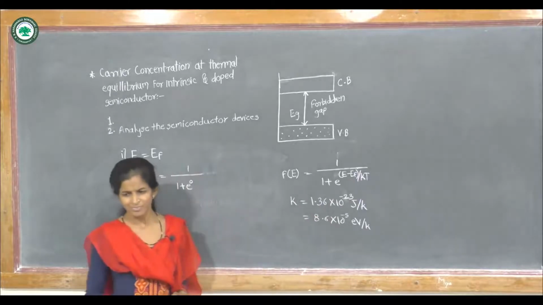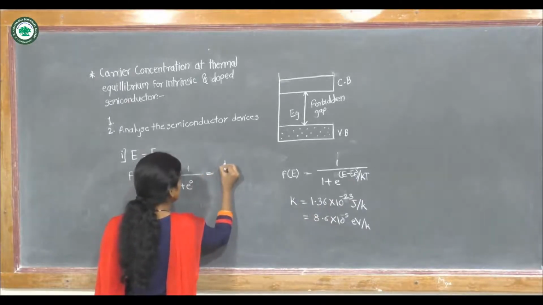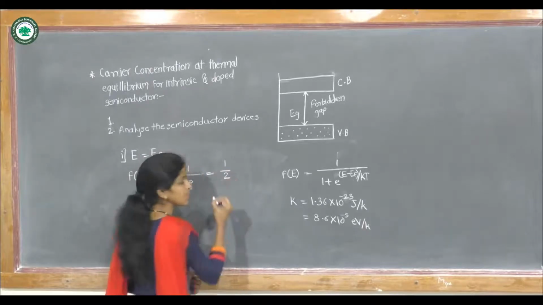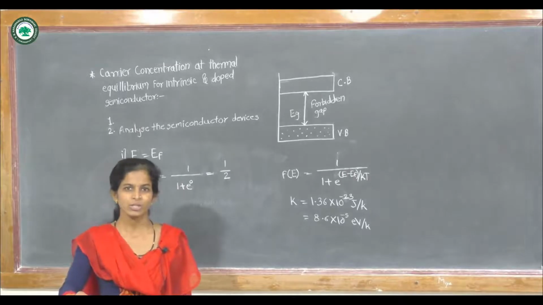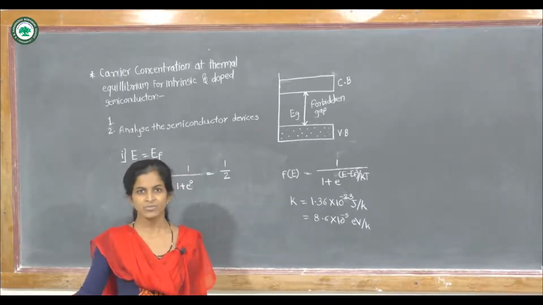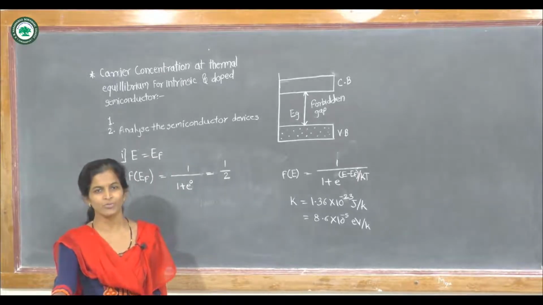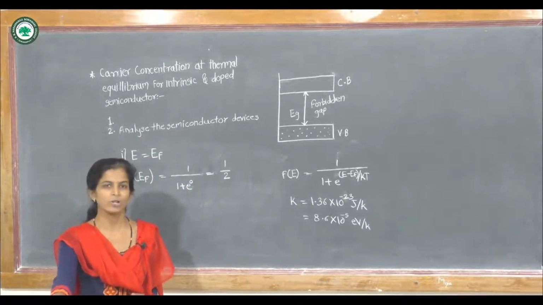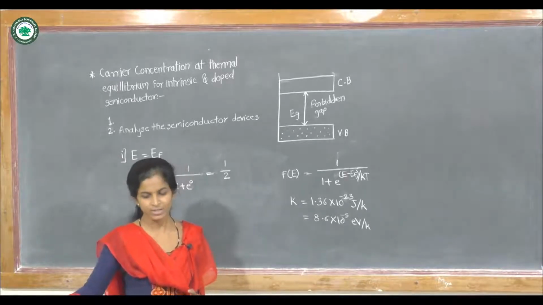So this becomes 1/2. So when the energy is equal to the Fermi energy level, the energy states at the Fermi level have the probability of 1/2 of being occupied by an electron. So this is the first case.